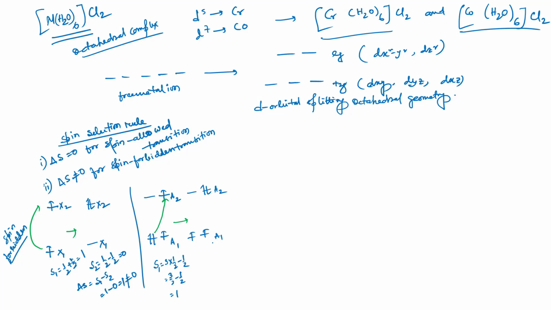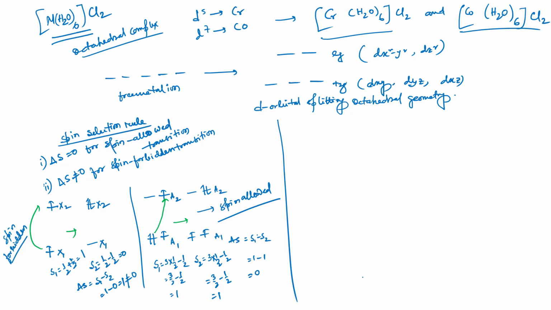The spin S2 is 3 positive half electrons and 1 negative half electron, so again 3 by 2 minus half. Now delta S is S1 minus S2, 1 minus 1, 0. So this transition is spin allowed. So you can easily understand when it will be spin allowed and when it will be spin forbidden.